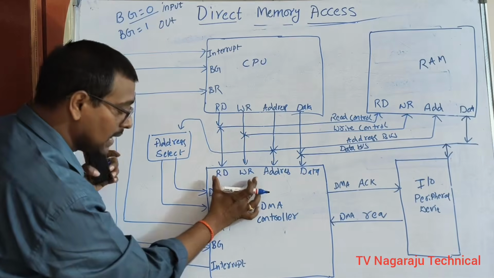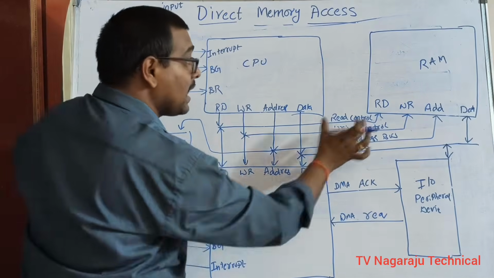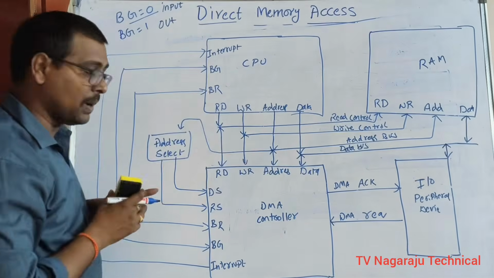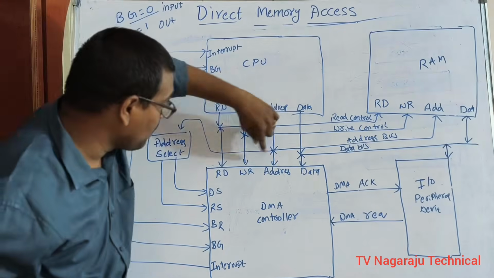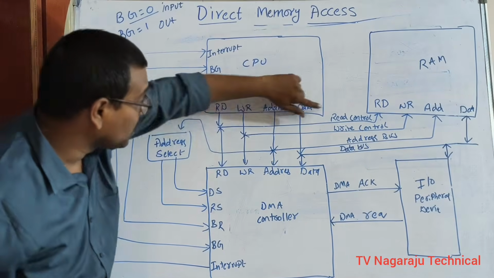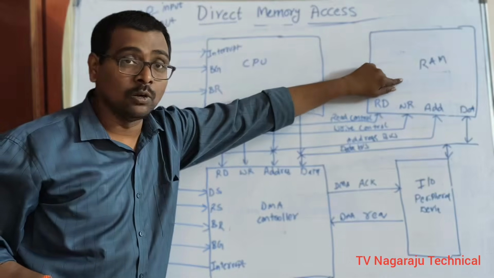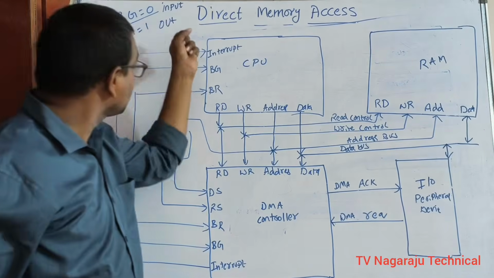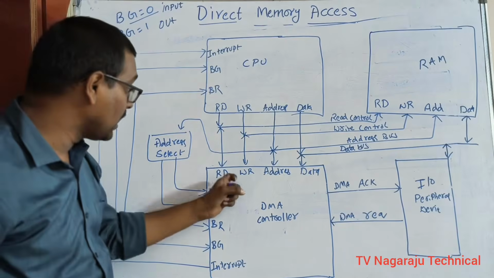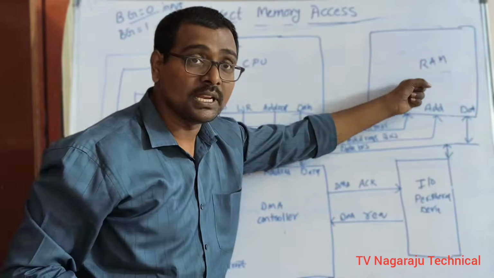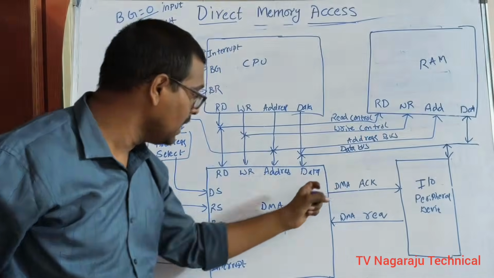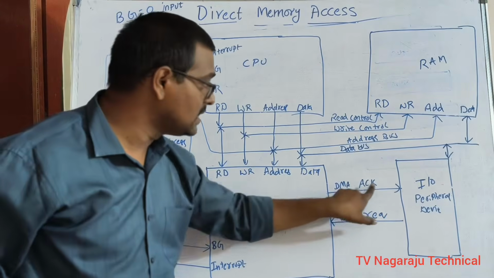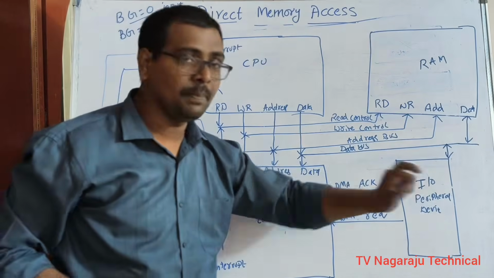That means the DMA controller connects to the random access memory. Observe the read control line and write control line. Now, after the bus grant is released, read and write act as output signals, and they can access the memory. The DMA controller sends the DMA acknowledgement to the peripheral.